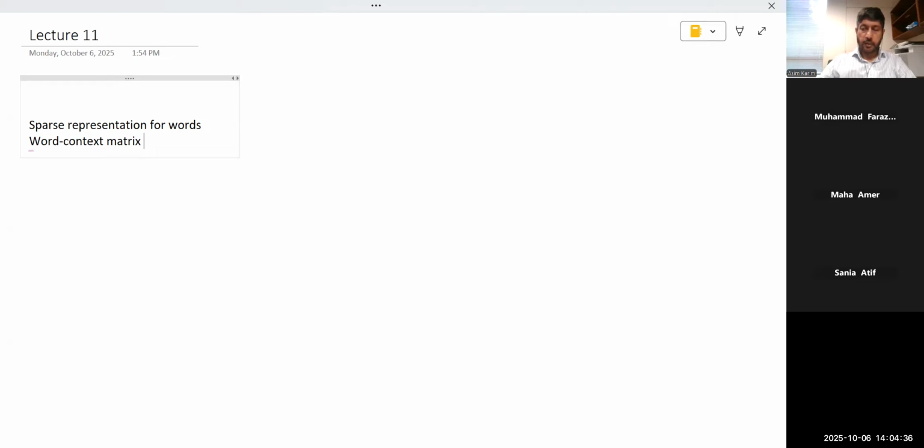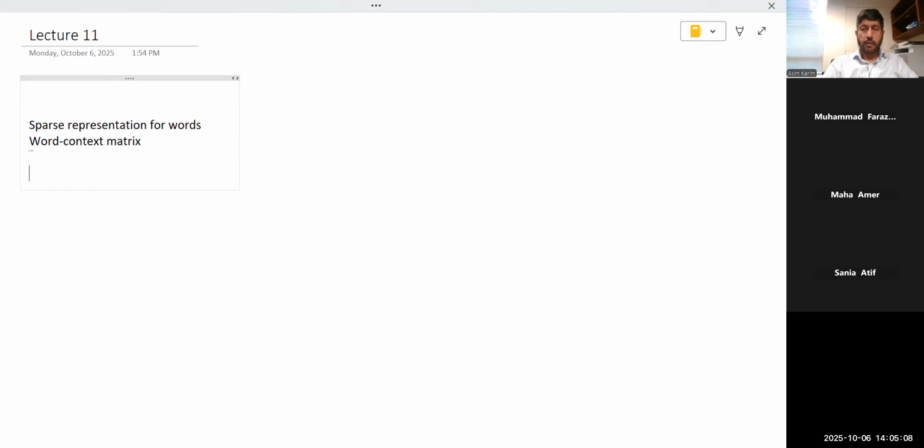In this case, the context is defined more narrowly. So in the previous case, the context was a document. So now we can define the context more narrowly and control that context and then build that matrix. So let me go over this again.